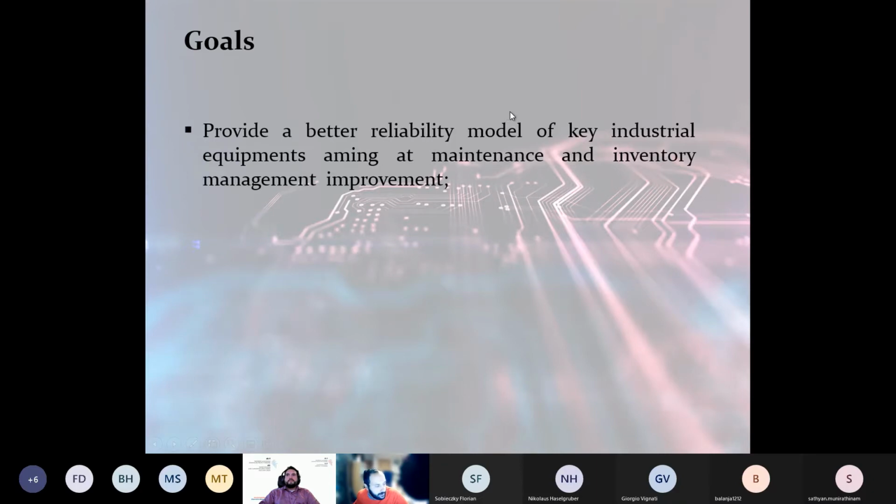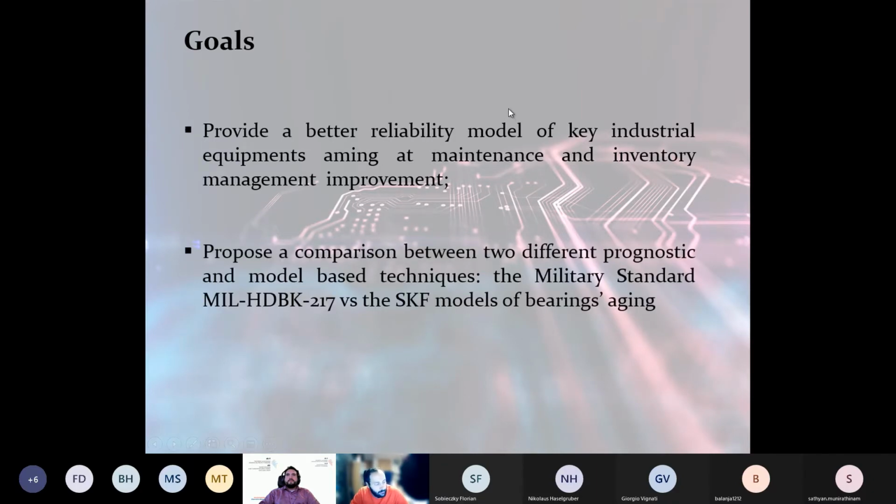Okay, so spare components. We are proposing a comparison between these two different prognostic and model-based techniques, the military standard and the SKF method.